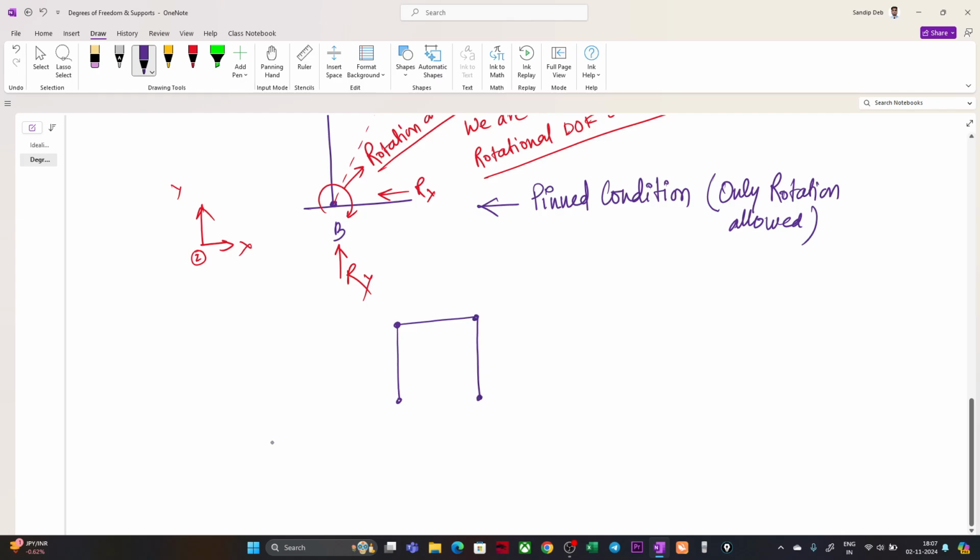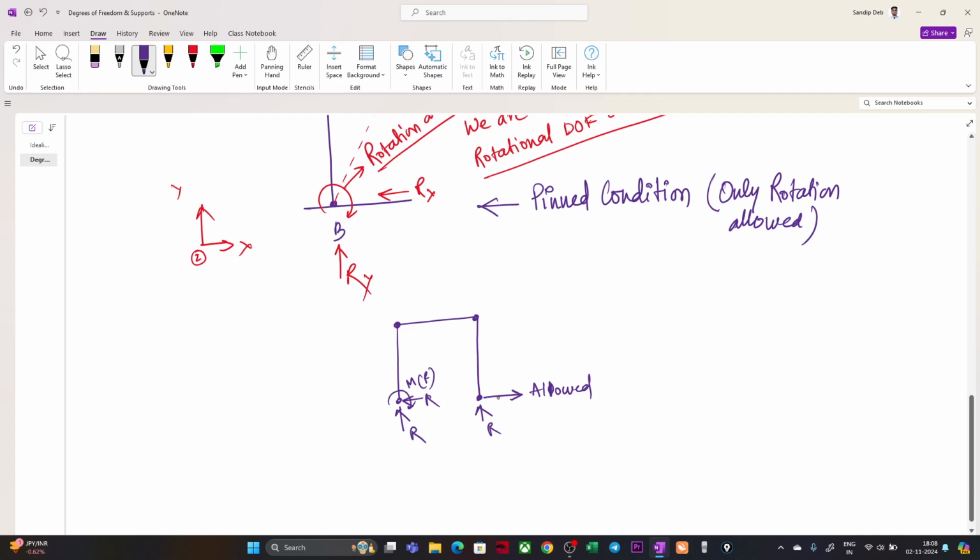You are saying that I am allowing this point to move along this direction, but I am restricting this joint from moving along this direction. It cannot move along this direction also. So here this is allowed, and this is restricted. Even the rotation is restricted here.